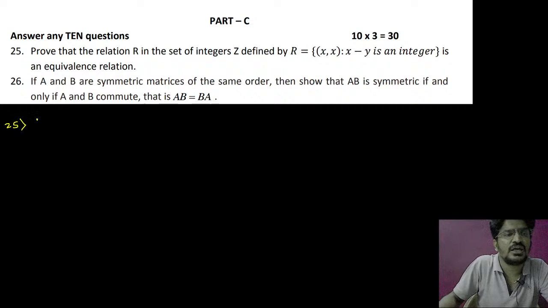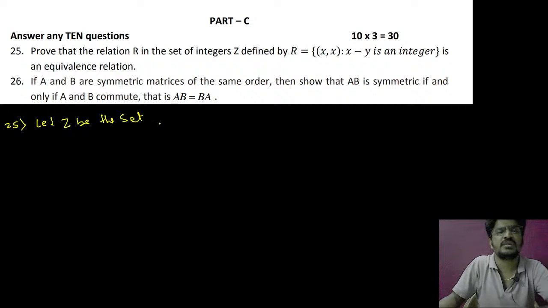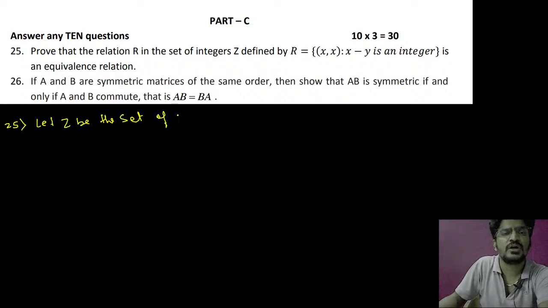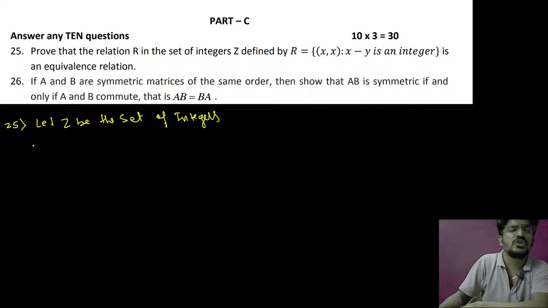Let Z be the set of integers. Now R is defined as R equal to the set of (x, y) such that x minus y is an integer.